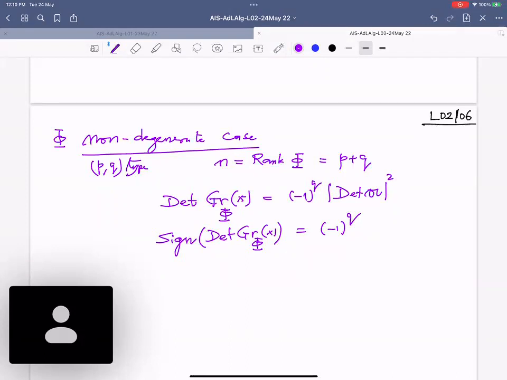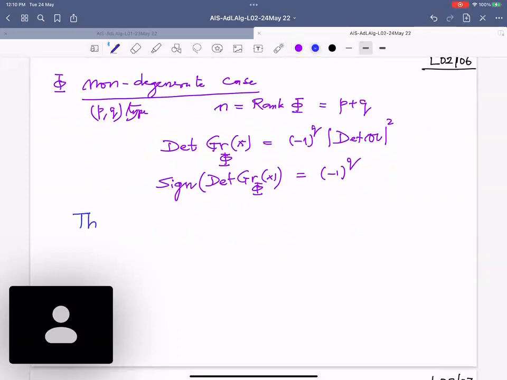So if you already know the sign of a determinant, positive or negative, then that will determine the parity of Q. Therefore the sign of the determinant determines the parity of Q.